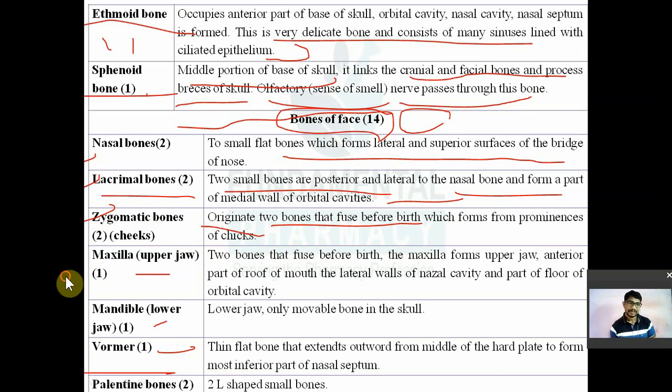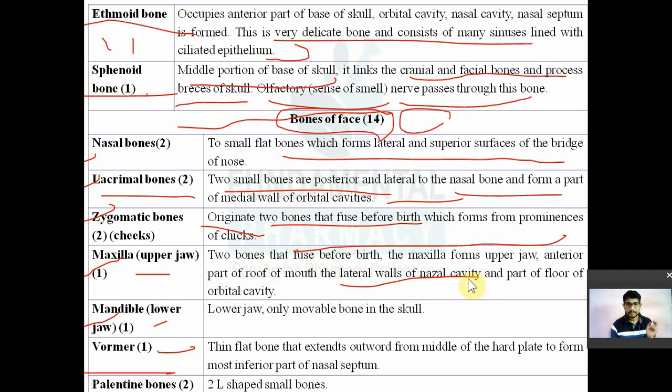Now maxilla means upper jaw. Upper jaw is known as maxilla. Lower jaw is known as mandible. Remember this also. Two bones that fuse before birth. Maxilla forms upper jaw, anterior part of roof of mouth, and lateral walls of nasal cavity. जो सीलिंग ऑफ माउथ है, it is formed by maxilla, the upper jaw, anteriorly, and laterally walls of nasal cavity.